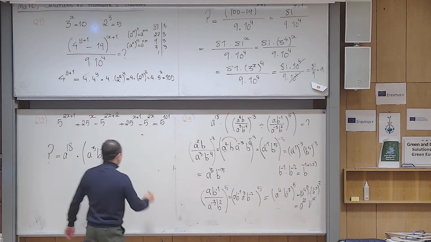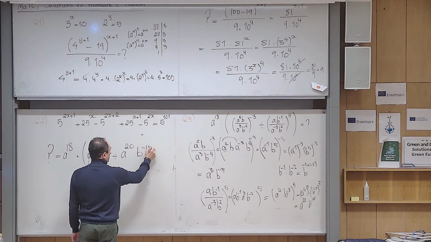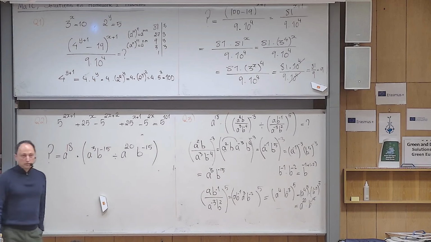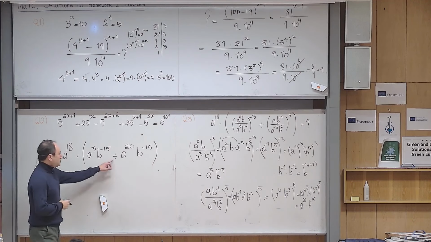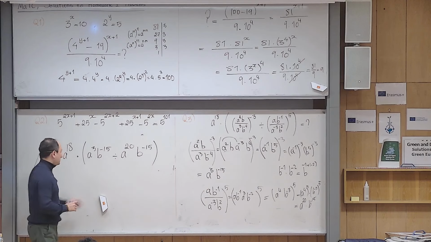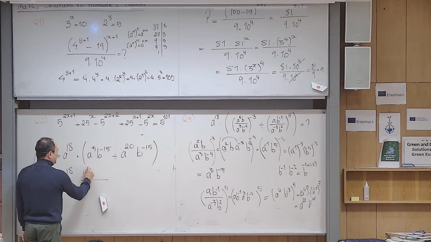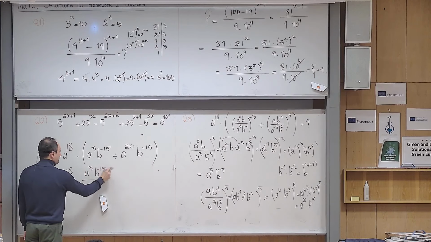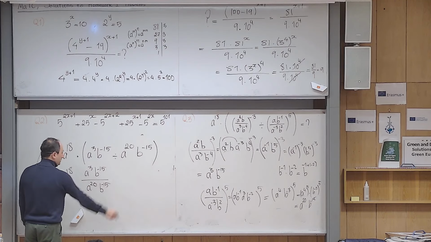A to power 20, b to power minus 15. Okay, what should I do here now? I told you that this division is not a good idea in high school. Instead of division, write a fraction line. So it becomes a to power 18 multiplied by a to power 3, b to power minus 15, over a to power 20, b to power minus 15.